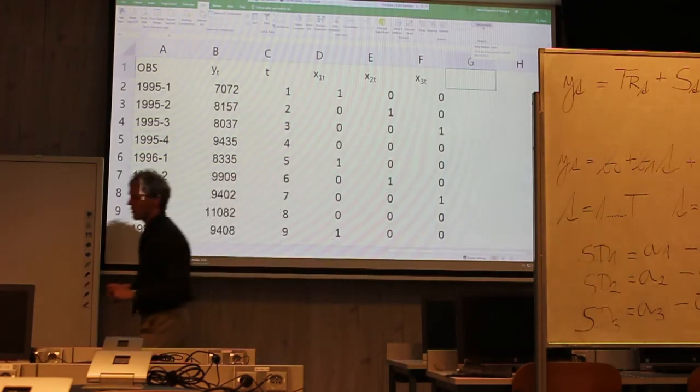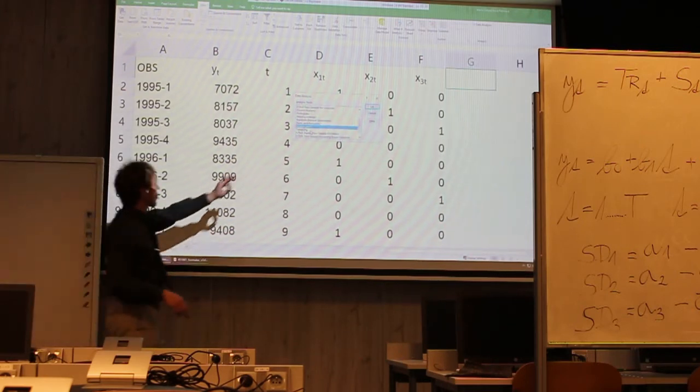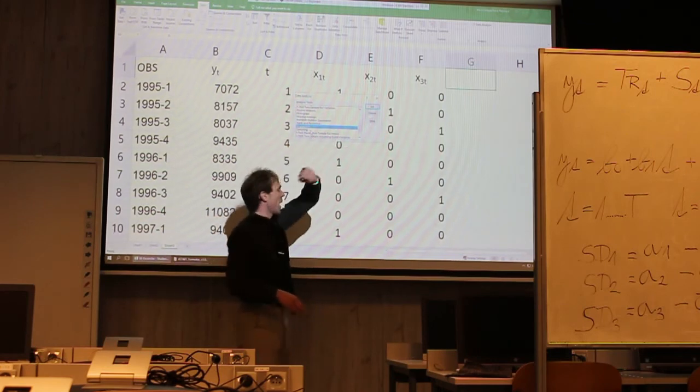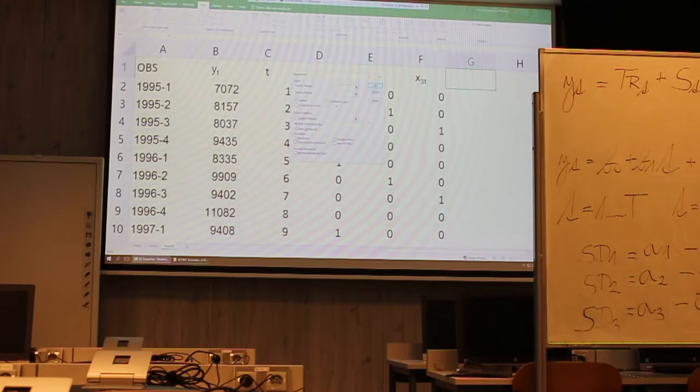Switch on Data Analysis, and you will see a small table where we can find Regression.